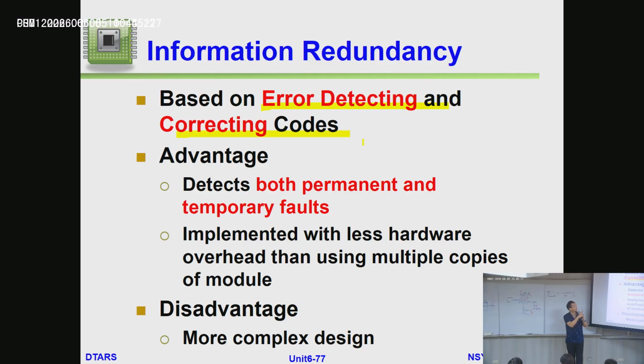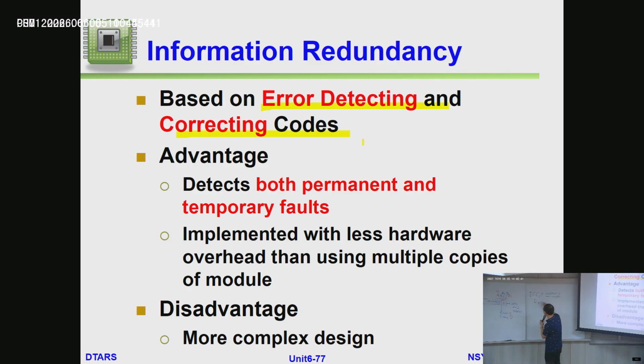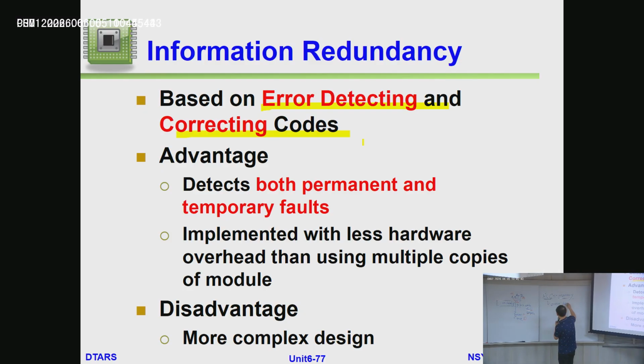We can use ECC to detect the errors, and if there are any errors in your memories, try to correct them and make the errors disappear. So ECC includes two parts. The first one is error detection, and the second one is correction.